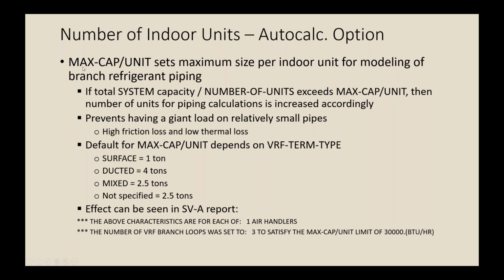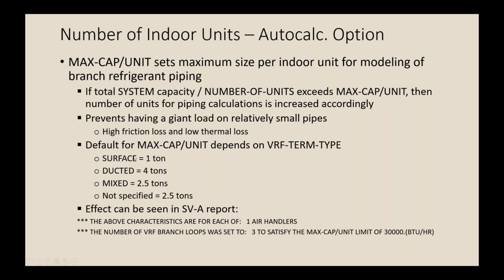So there is a default value for max cap per unit that will automatically reset the number of individual units if it's different from what you've entered and conflicts with the ratio of the total system capacity to the number of units in your model. So again, it prevents getting giant loads on relatively small pipes.